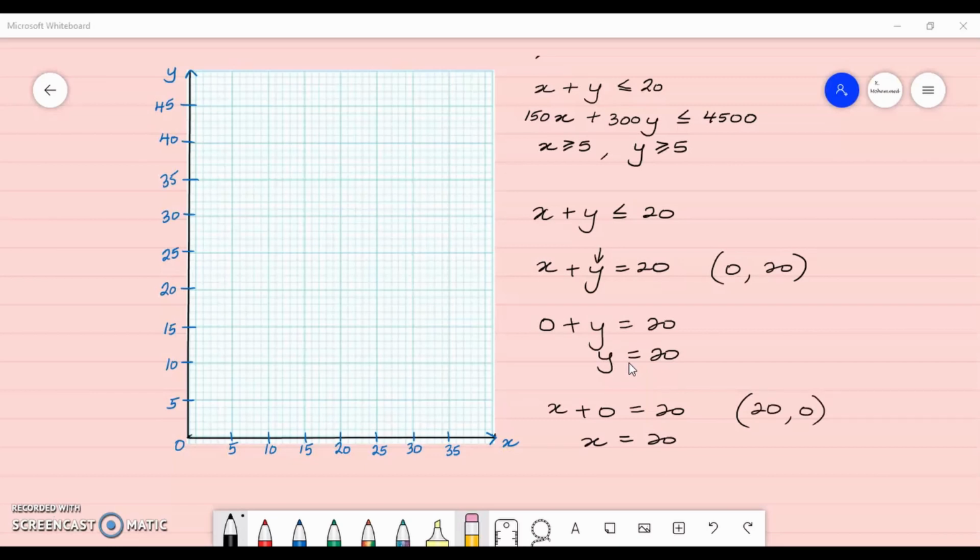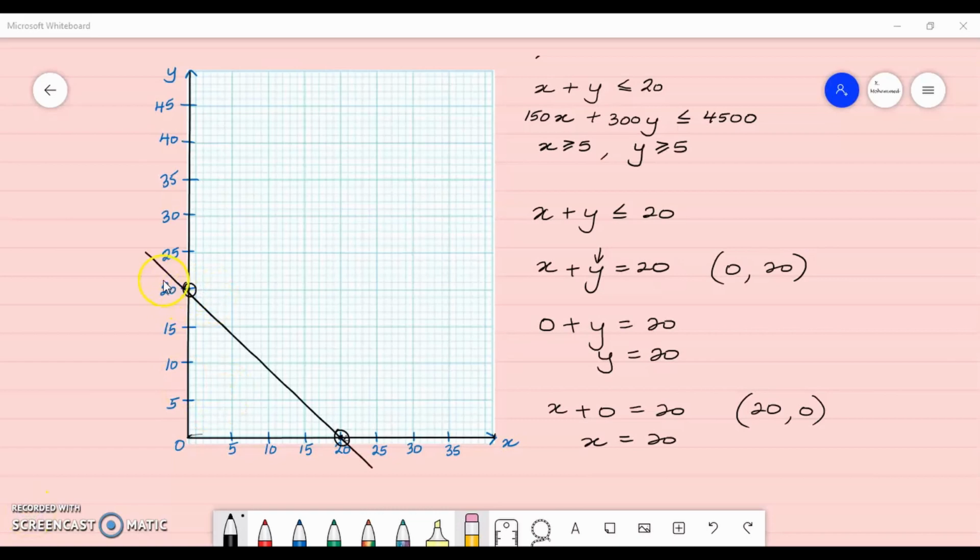Remember that all you need is 2 points in order to draw a straight line. So I'm going to plot these points: 0, 20, so 0 on my X and 20 on my Y, is going to be here, and 20 on my X and 0 on my Y is going to be here. I now have to draw a straight line that connects those 2 points.